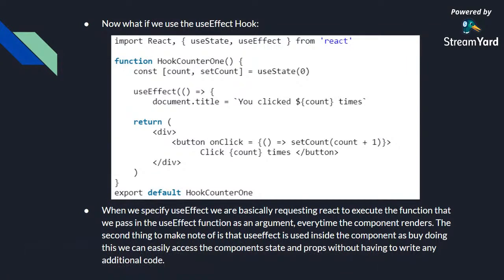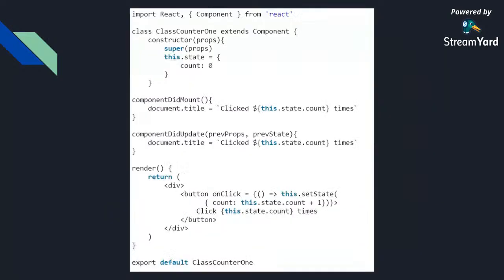Now, inside the use effect hook, we are also defining the document.title value, where document.title equals you clicked, dollar count, that is the count state that we are adding. Now, the use effect will be called whenever the component mounts and whenever it updates. So by using the use effect method, we are eliminating the code replicas.